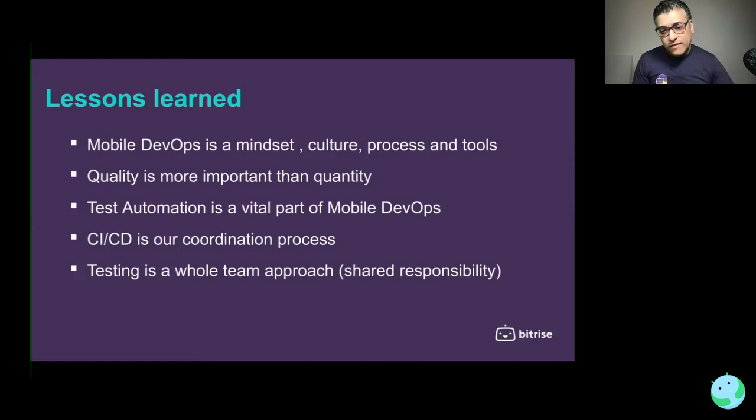Maybe you can use native tools like Espresso, because it will be the same language, the same application. You will implement your test inside the application itself, so you don't need to learn anything new. You can write with Kotlin or Java as you like. I think Kotlin is now the preferred language for all Android developers. So testing is the whole team approach, and most of us need to use it.